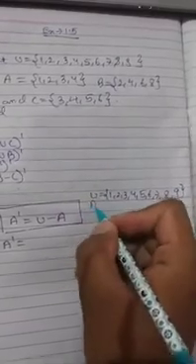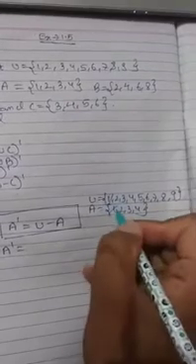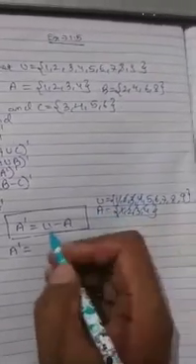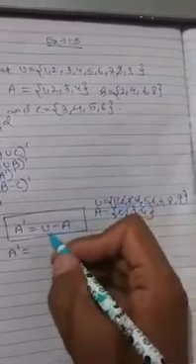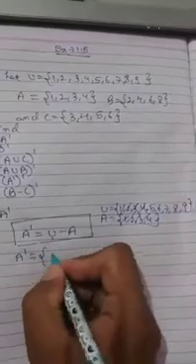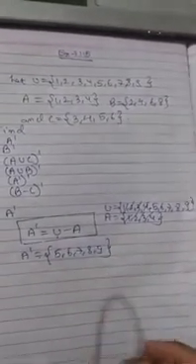And what is A? 1, 2, 3, 4. So 1 will be cancelled with 1, 2 with 2, 3, 4. Now the elements which are left in U will be your A complement. So 5, 6, 7, 8, 9.